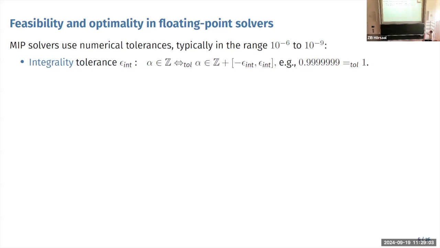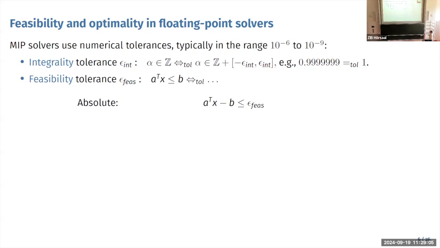Okay, but then what about constraints? So linear inequalities. So you need to define what it means that A transpose X is less than or equal to B. So one way to do this is to use an absolute tolerance and say, well, A transpose X minus B should be at most some epsilon, say 10 to the minus 6.